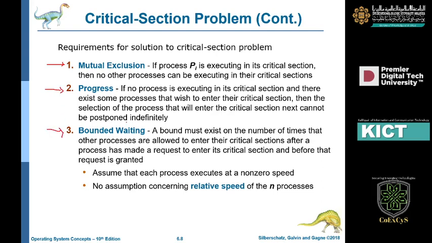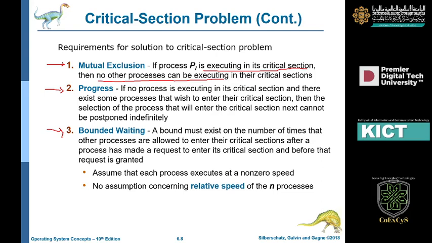So these are three terms that are important for the critical section, right? So what is mutual exclusion? You have to know that, right? Basically, it says that if one process is executing in the critical section, then no other process can be executing, right? So we only allow one process, and that is mutual exclusion.